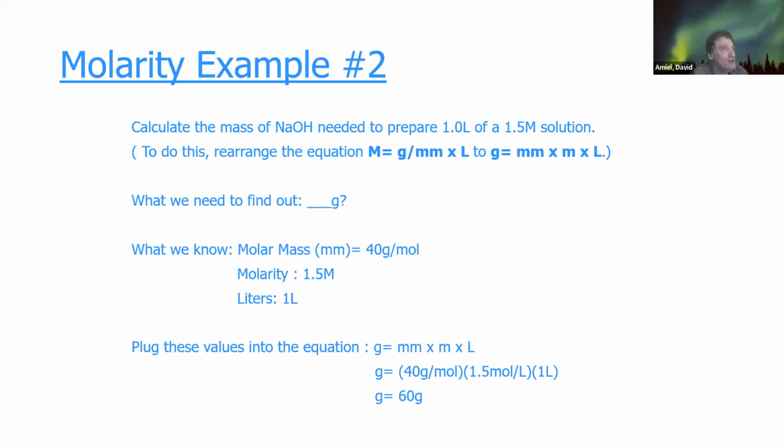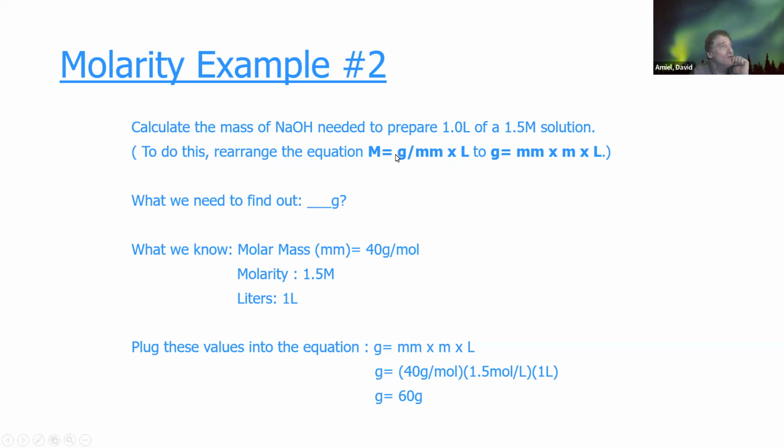All right, here's another example. Calculate the mass of NaOH, that's sodium hydroxide, needed to prepare 1 liter of 1.5 molar solution. So this is one where it's helpful to use the alternative version here.